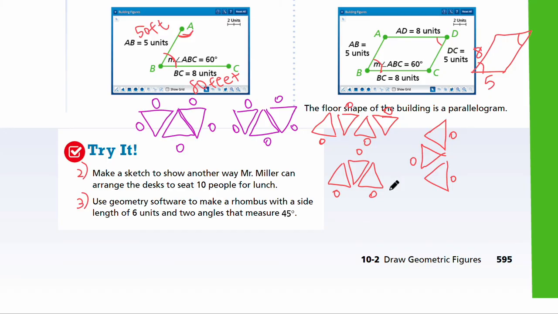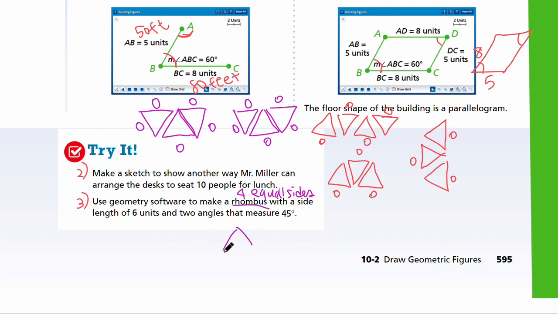Okay, so example 3, try number 3. Use geometric software to make a rhombus with a side length of 6 units and 2 angles that measure 45 degrees. So rhombus means you need to have 4 equal sides, right?